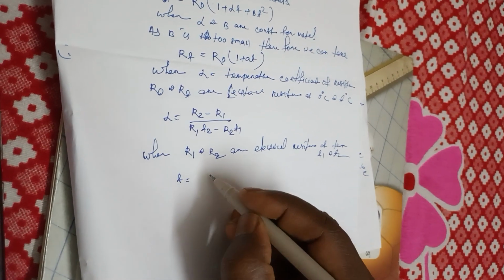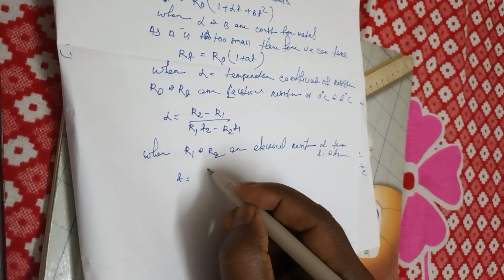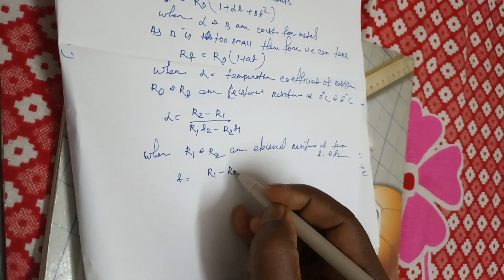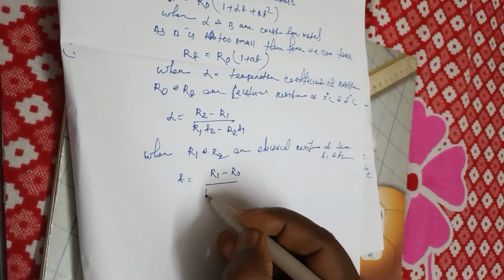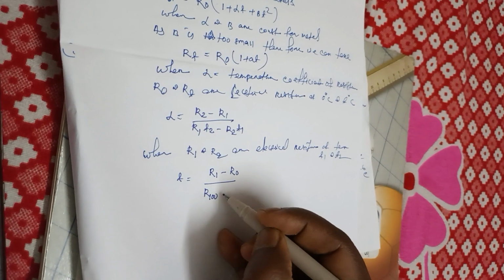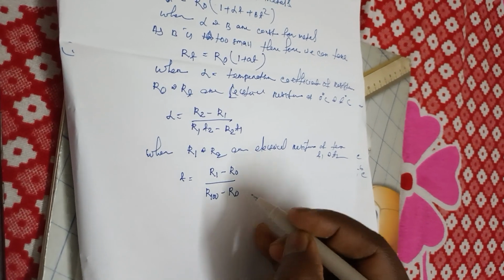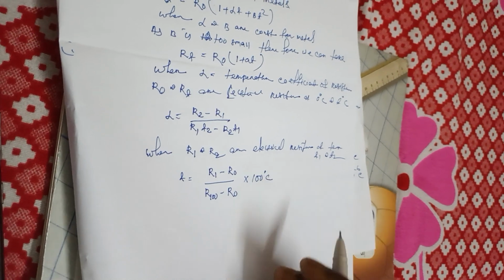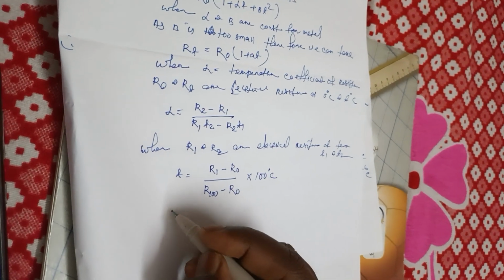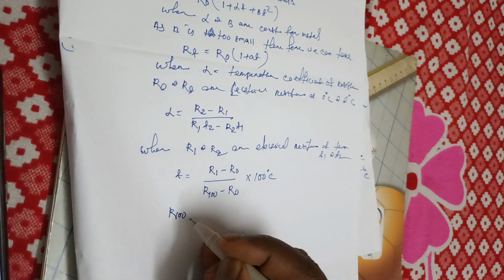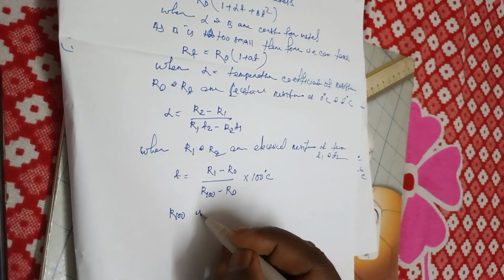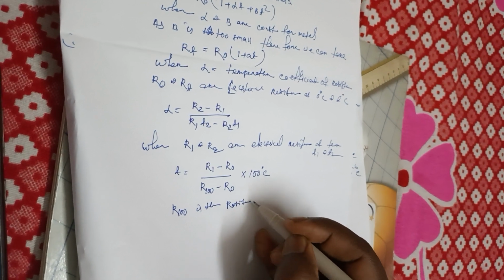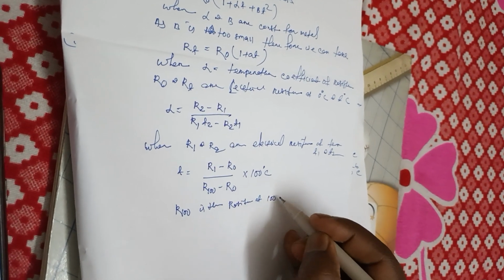T is equal to Rt minus R0 by R100 minus R0 into 100 degree centigrade, where R100 is the resistance at 100 degree centigrade.